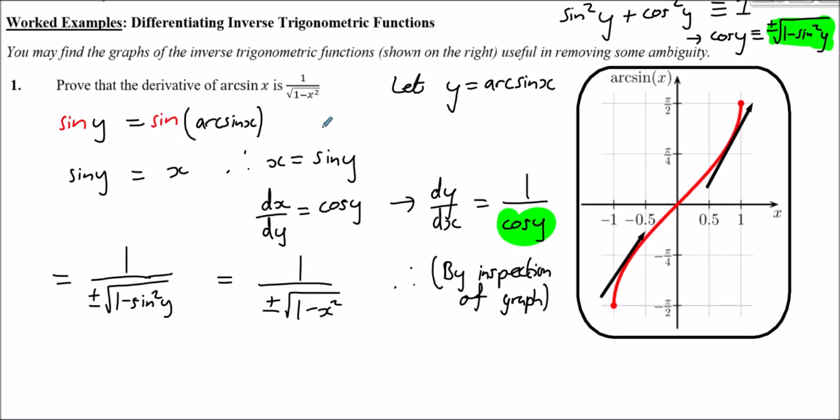We were differentiating, of course, y, where y is arcsin x. So in other words, for the derivative of arcsin x, d by dx of arcsine of x must be 1 over the positive root of 1 minus x squared, for the reason where you can clearly see the gradient of this graph is positive throughout.